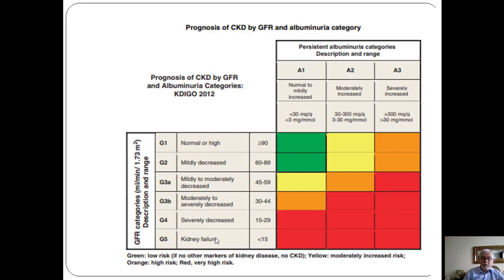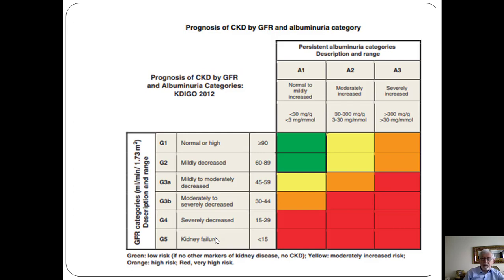But if the glomerular filtration rate goes down, such as 15, proteinuria concentration can increase to 1 gram or 2 grams, higher than 300 milligram per day. It's a very important sign for us.